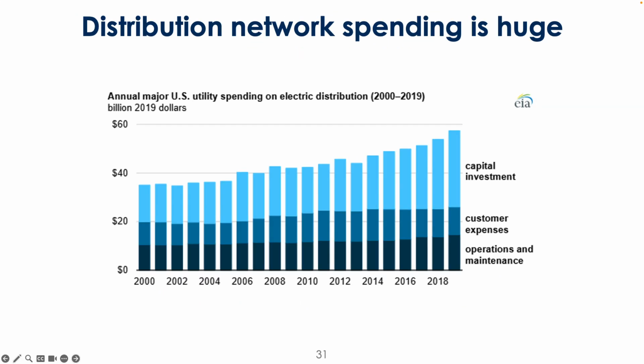And to give an aggregate sense of that, over a 20-year span, this is what the US as a whole spends across all the utilities annually, from 2000 to about 2020. So we're on the order of 40 up to $60 billion annually.